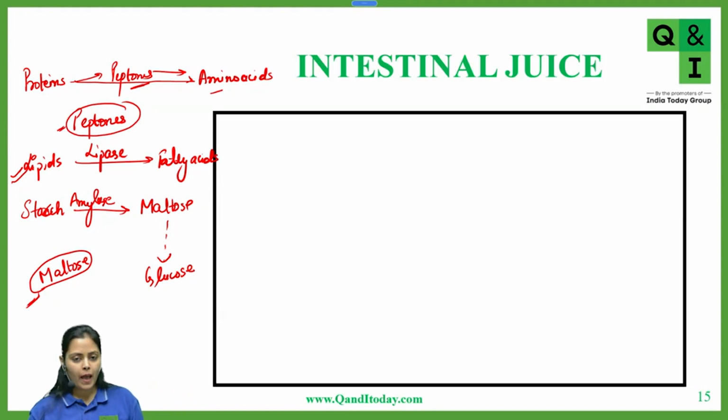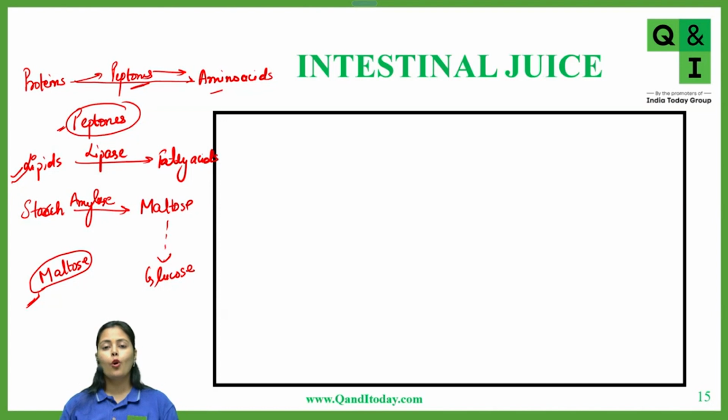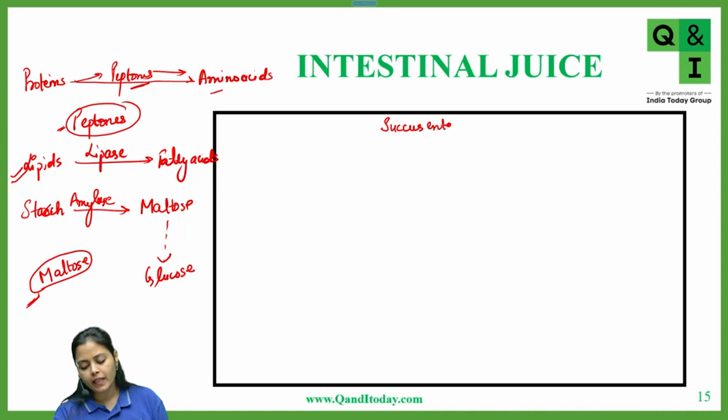So what happens? The walls of the small intestine secrete intestinal juice. This intestinal juice is called succus entericus.